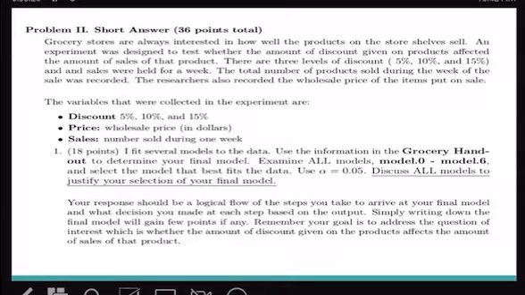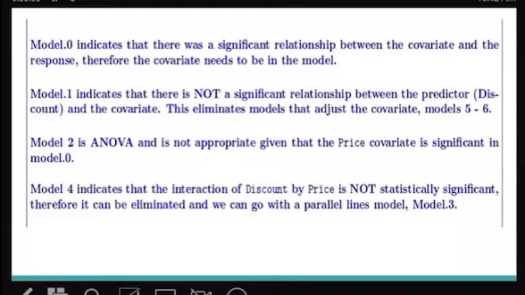The main primary variable of interest is the effect of discounts on sales. But along the line, we said, maybe there exists another factor that could influence sales, and that was why we were considering price. All this is just interpreting what I showed you the other time.